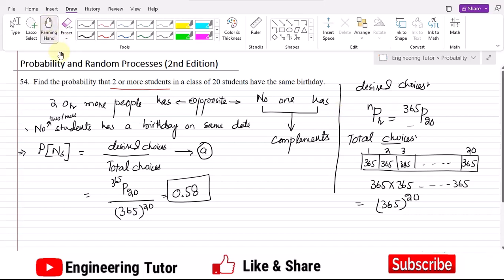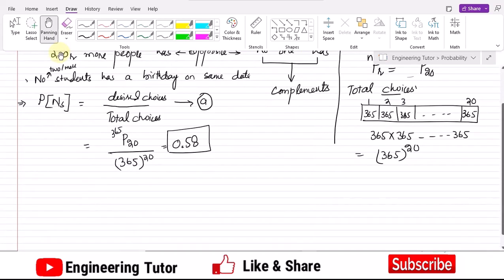Now, the question is that two or more students should have the same birthday. I have found the value that no student has a birthday on the same date. To find the complement, I have to find the probability of S, which is basically 1 minus the probability of n of s.